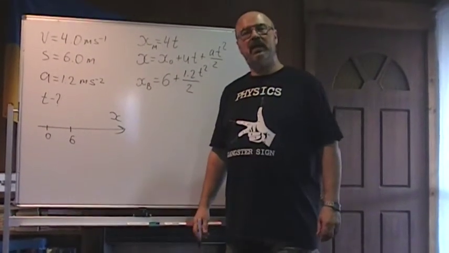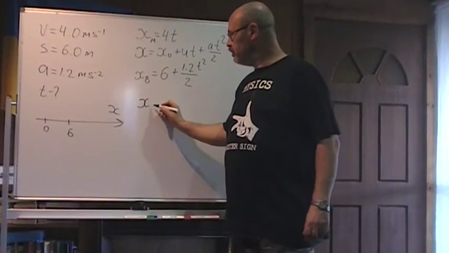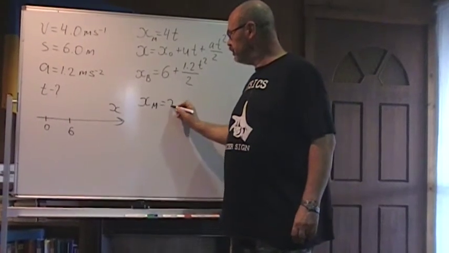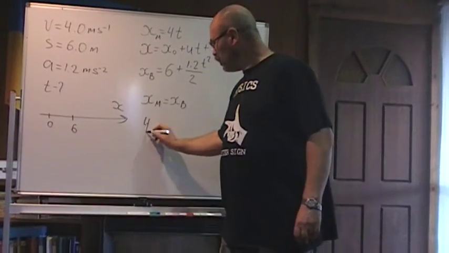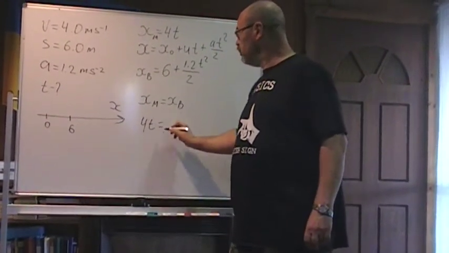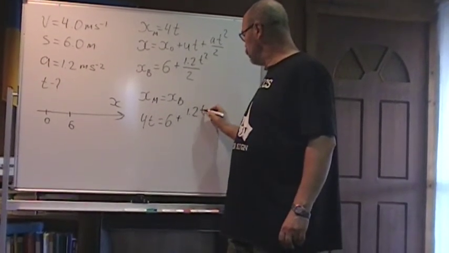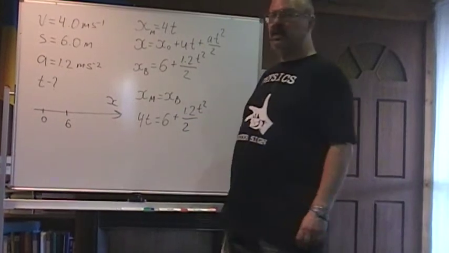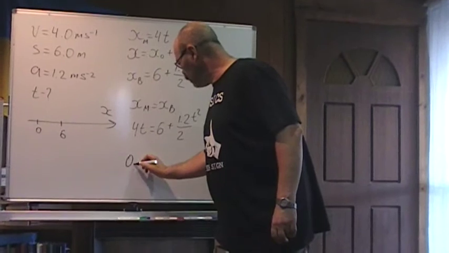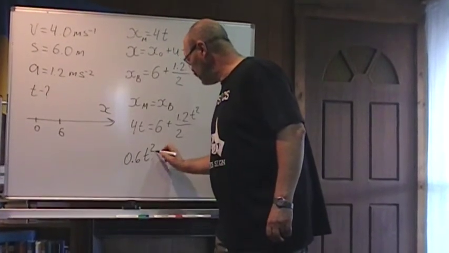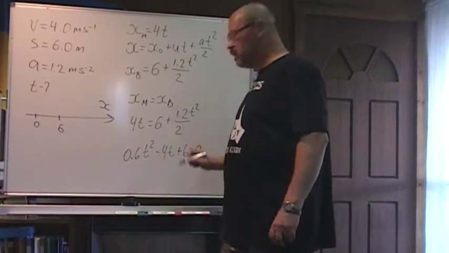When the man catches up with the bus, their positions become the same. So we can equate the expressions for the position of each of them: 4t equals 6 plus 1.2 t squared over 2. And again, we get a quadratic equation: 0.6 t squared minus 4t plus 6 equals 0.